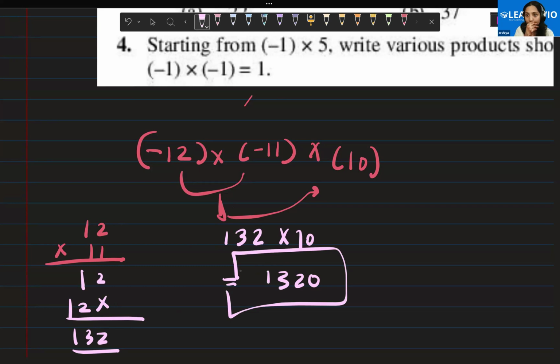Write this down. Is this clear? Yes, ma'am.